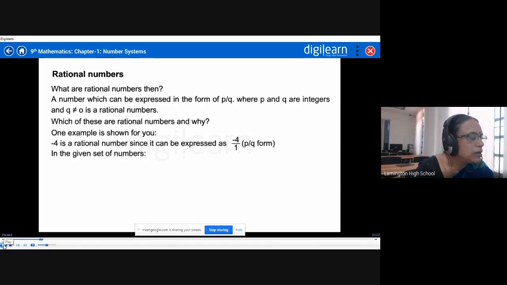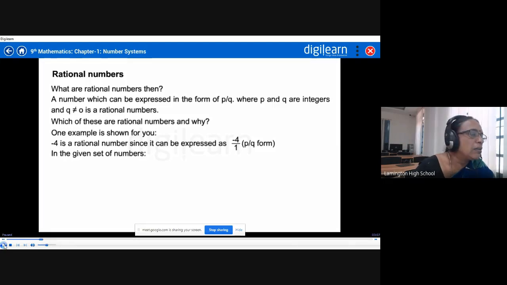See here, rational numbers include all natural numbers: 1 by 1, 2 by 1, 3 by 1, 4 by 1, because all natural numbers can be expressed in the form p by q. 5 by 1, 6 by 1, 7 by 1, 8 by 1, or 1 by 2, 1 by 3, 1 by 5, 1 by 6, like that.